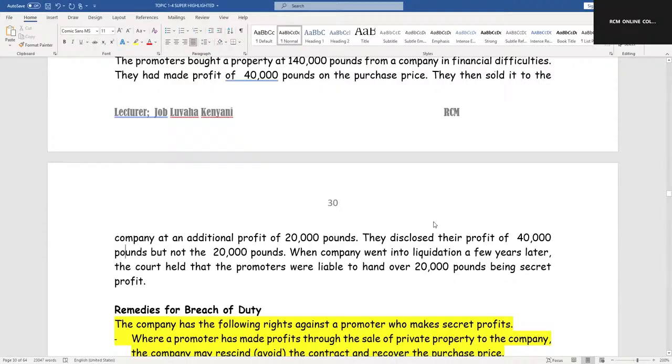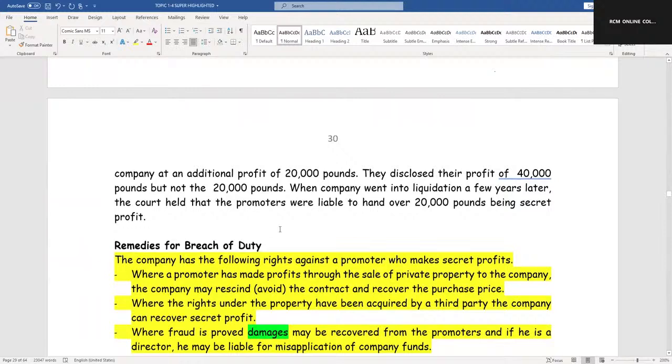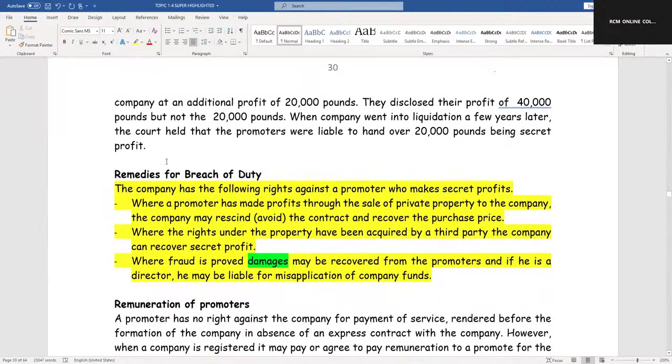So that later on, the company shouldn't end up being liable under contracts which are not in its best interest. If the promoter has made a secret profit, then these are part of the remedies that the company can have.